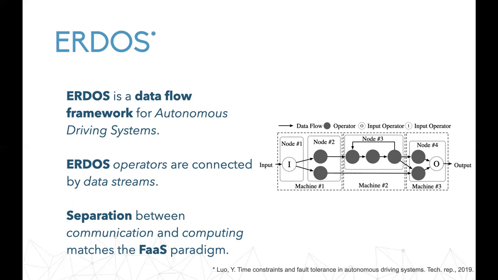We have also, in this case, a separation between communication and computing, which matches the function as a service paradigm, because, as said, operators focus on computing some data and producing some result, and then they just hand this message to the framework, which will send the message to the correct operator to continue the execution of the application. So the communication portion is done by the framework, while the computing is really user code, because it's the functions or the operators.